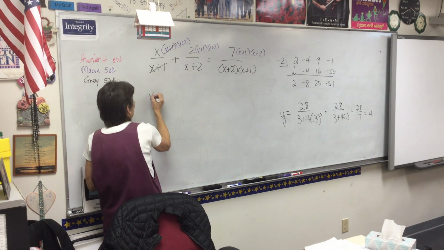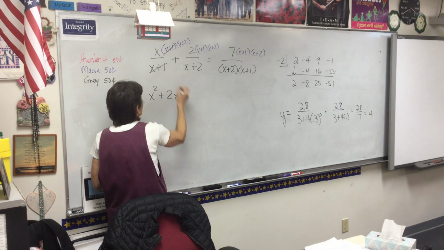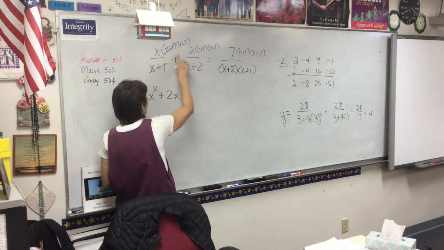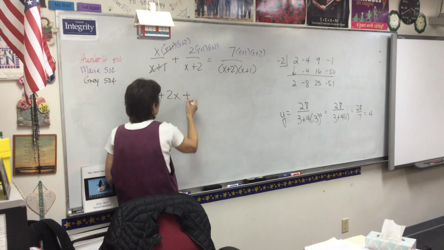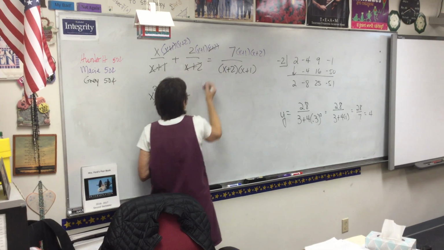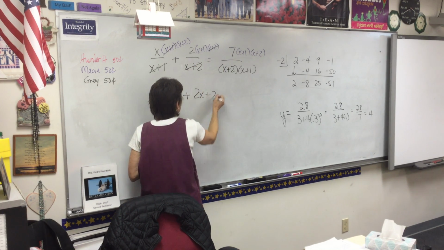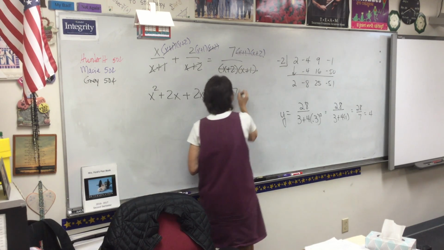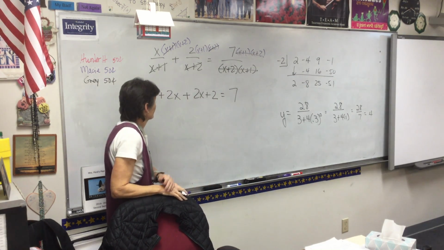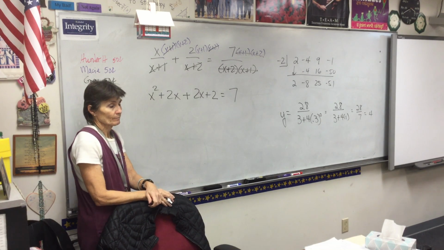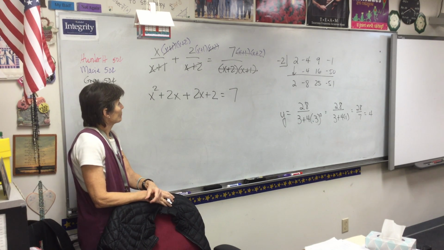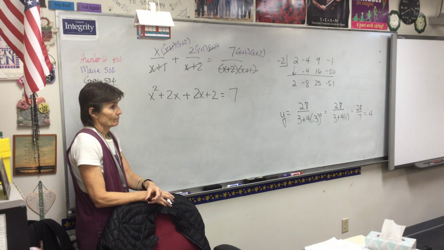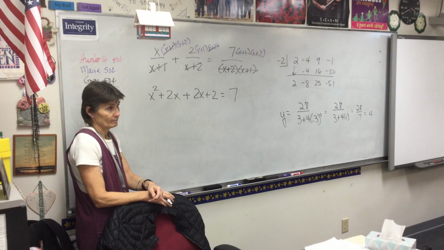I have x squared plus 2x, x squared plus 2x, plus 2x plus 2 equals 7. So far, so good.